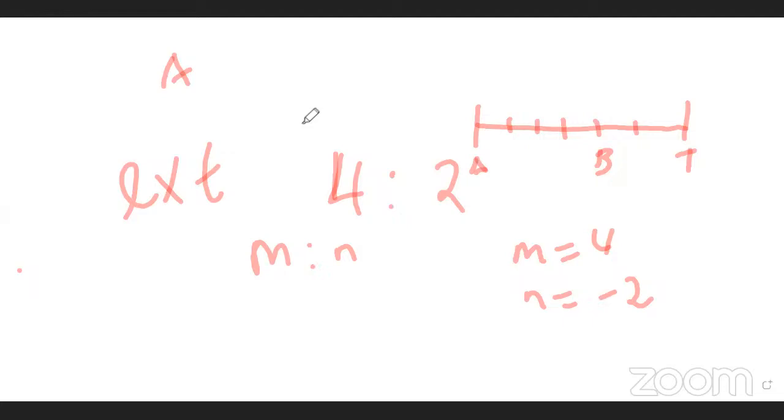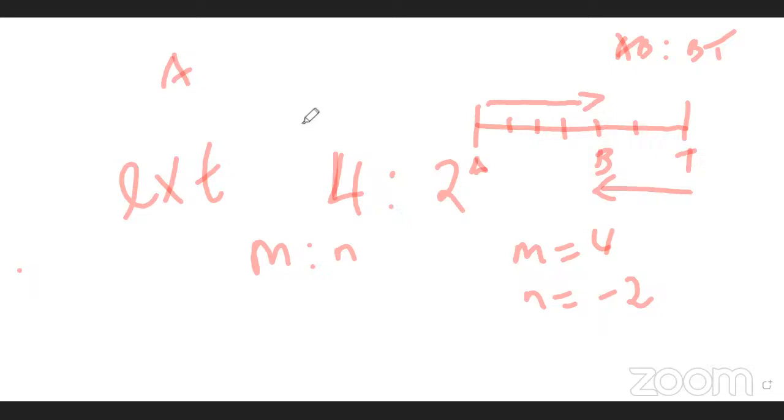You can as well say from A to B, 4. Then B to T, 2 units, but in the opposite direction. Remember, division: we normally take the first point to the division point, then the division point to the other point.